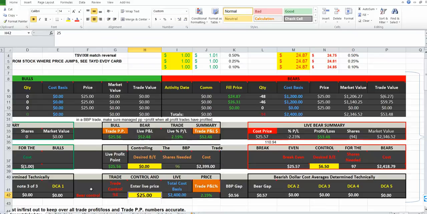Okay, so that's good. Okay, there it is. At 25.56, dang it, I keep entering the wrong number here. I should say the wrong cell.